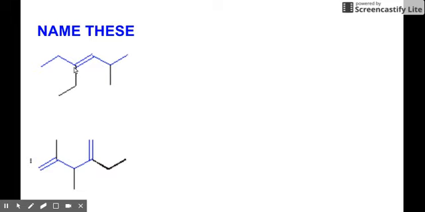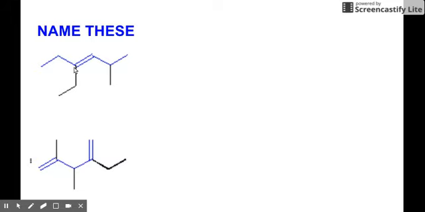So our double bond is still between carbons 3 and 4. So where should we start then? If the location of the double bond is equidistant from the left and from the right of the parent chain, that means our next consideration is the substituents or the branches.